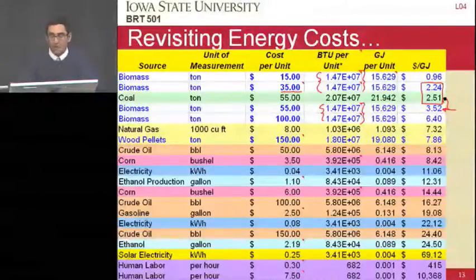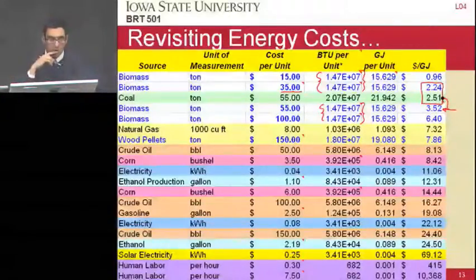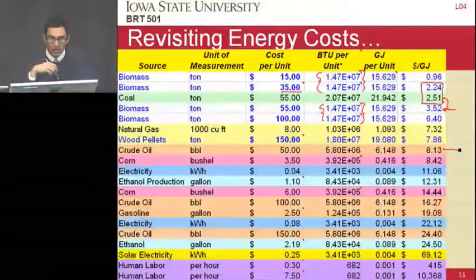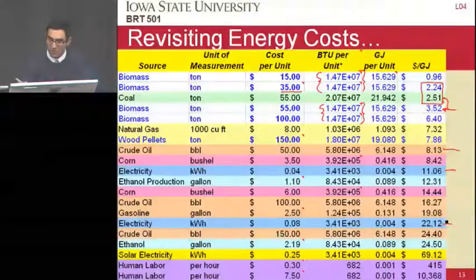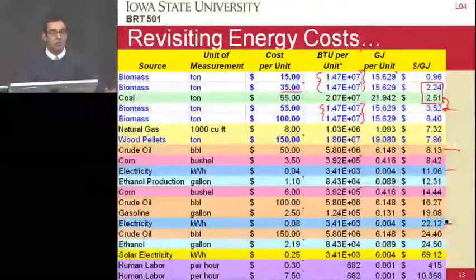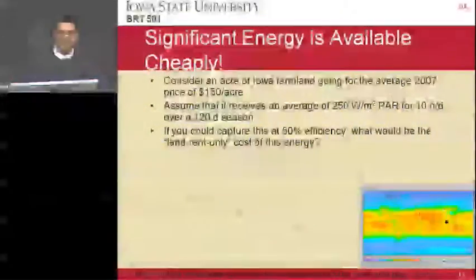The point that I just want to remind you is that we looked at coal as being about $2.50 per gigajoule. We looked at crude oil as being about $8 per gigajoule. We said we might buy electricity for somewhere between $11 and $22 per gigajoule. I just want to remind you of those numbers before doing another little calculation, which is this.